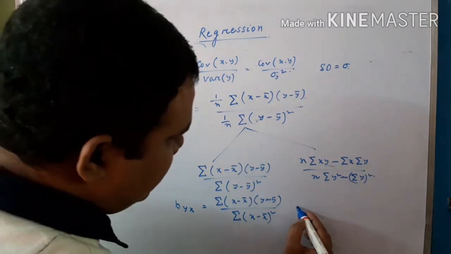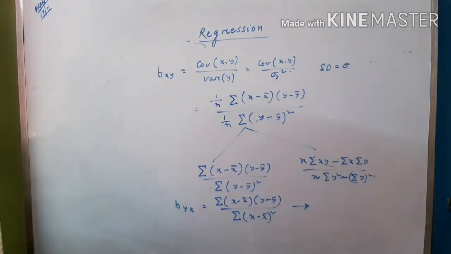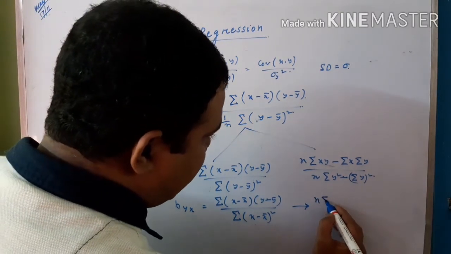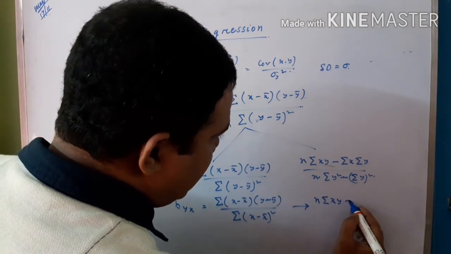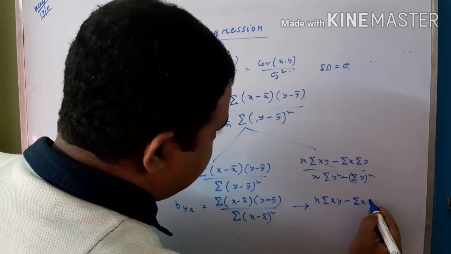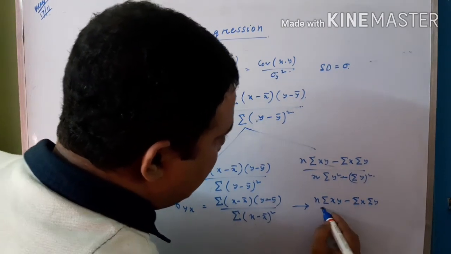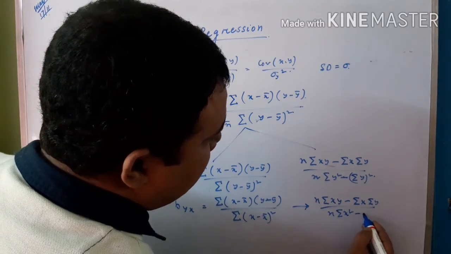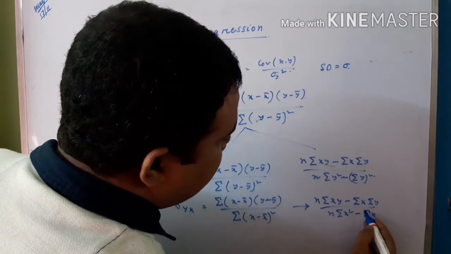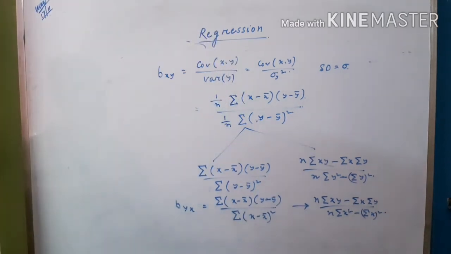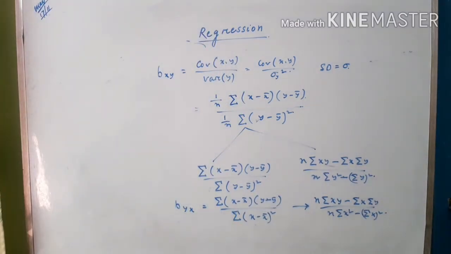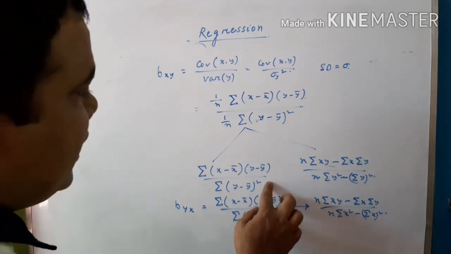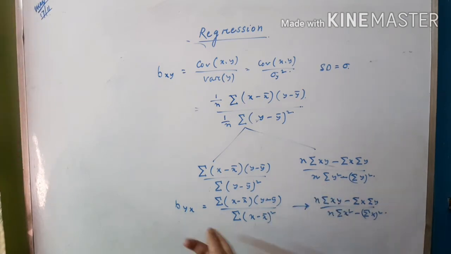Otherwise, another formula is n into sigma xy minus sigma x into sigma y by n into sigma x square minus sigma x whole square. Clear? So bxy and byx can be calculated by using any one of the forms, either this or this. Similarly for byx.